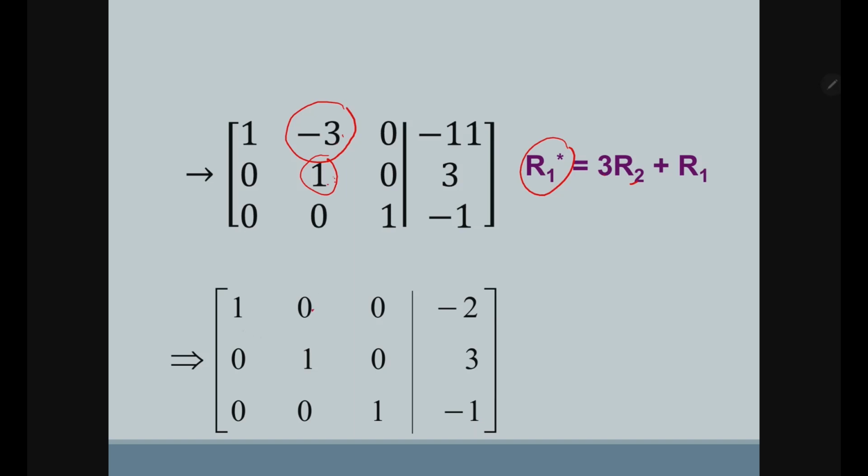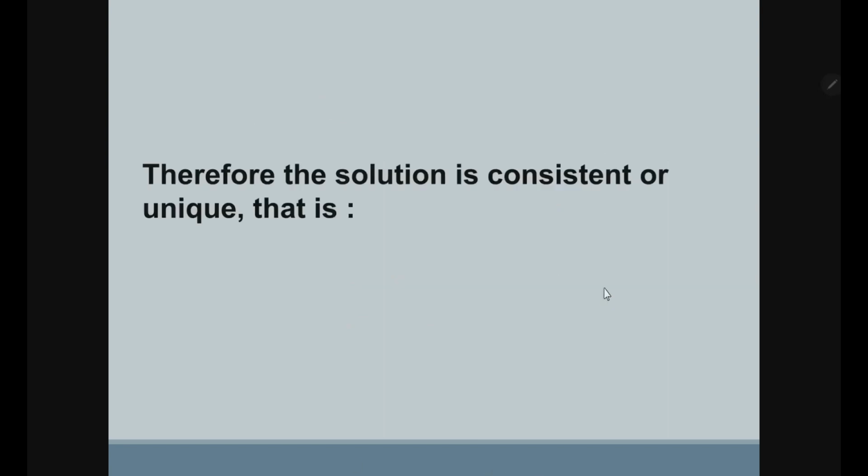You need to apply this formula to all the elements in the first row. Okay. So therefore the solution is consistent or unique, that is x equal to negative 2, y equal to 3, and z equal to negative 1.